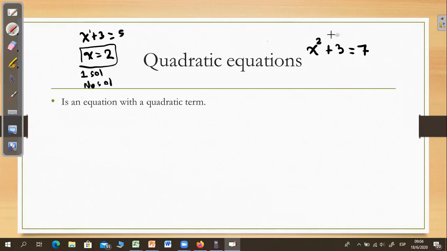So what do you think this second power tells us? If this one tells us that you're going to have one solution or no solution, this second power tells us that you can have probably two solutions, one solution, or no solution.